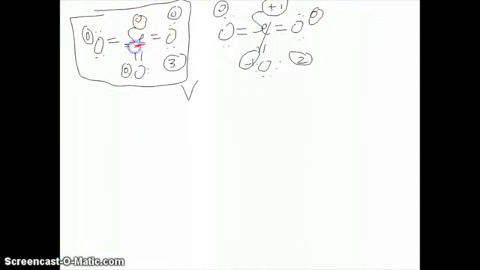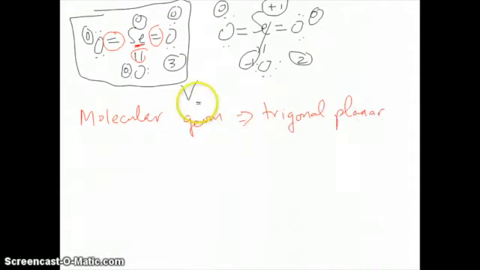So selenium is your central atom. These are double bonds, but they count as one effective pair for VSEPR purposes. So we've got 1, 2, and 3. They're all bonding pairs. So there are 3 bonding pairs, which means the molecular geometry in this case is trigonal planar. Okay. Now the last thing to do is to look up that molecular polarity rule and see whether this molecule should be polar or non-polar.